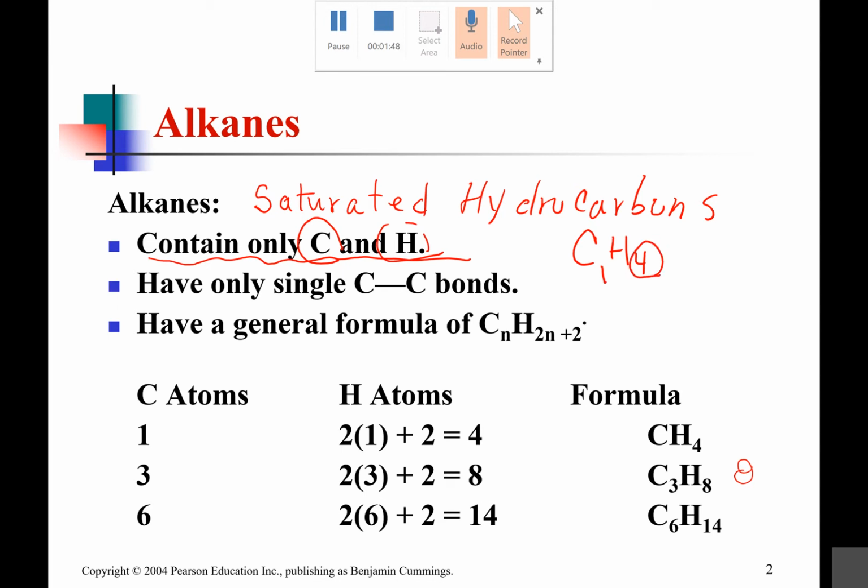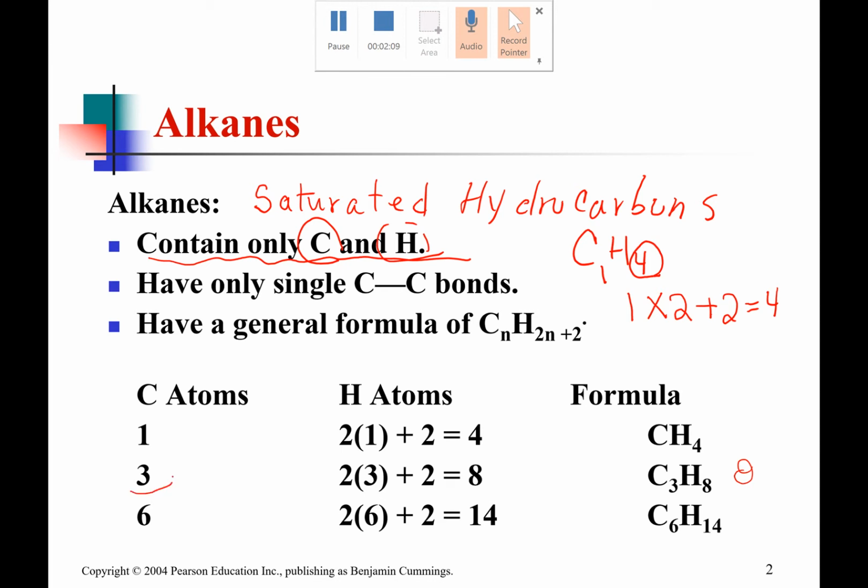To calculate the number of hydrogens, take the number of carbons multiplied by 2, which is 2, and add 2, and you get 4. So if you have one carbon, you are going to have 4 hydrogens.